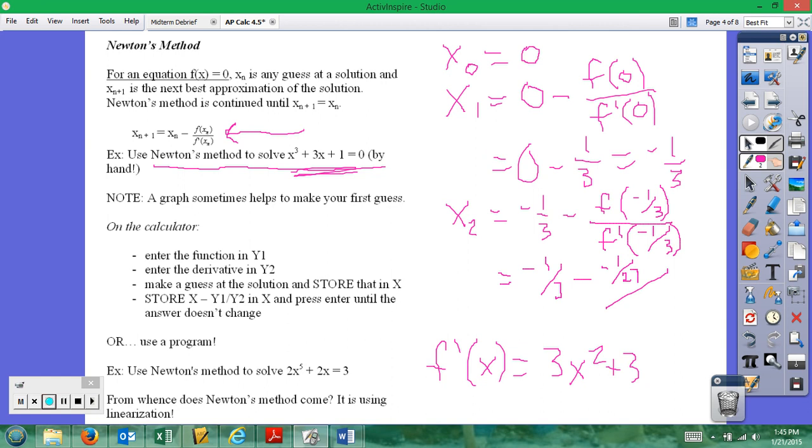Then plug negative 1/3 into the derivative. So negative 1/3 squared is 1/9. 3 times 1/9 is 1/3. 1/3 plus 3 is 3 1/3. That is 10/3. So I'm going to simplify that expression. I'll flip and multiply the top, so I'd have negative 1/90th.